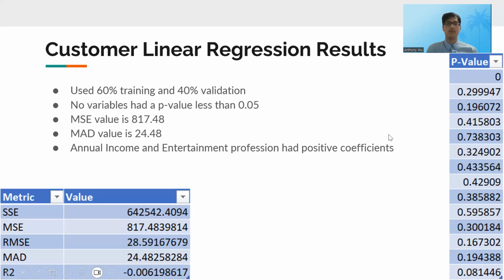Now the MSE value, which describes the error rate for linear regression, was 817.48, and the MAD value was 24.48.